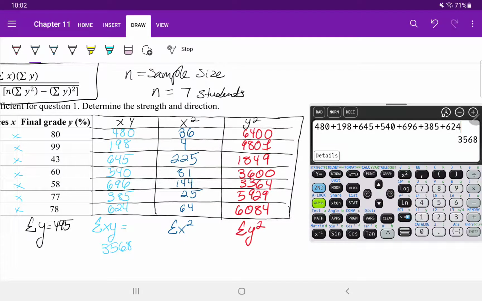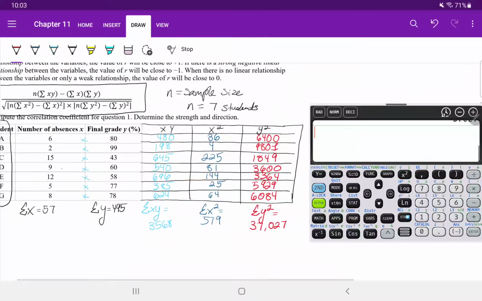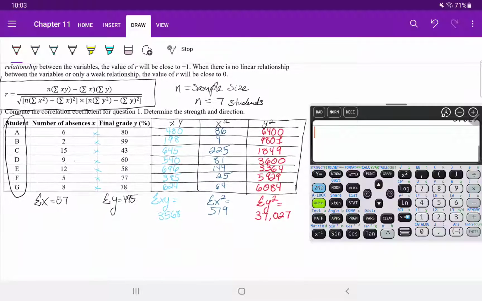Now do the same thing for the next two columns. Add them all up. Okay, so I found the sums for all of my columns. Now, because we have that, let's compute the correlation coefficient.